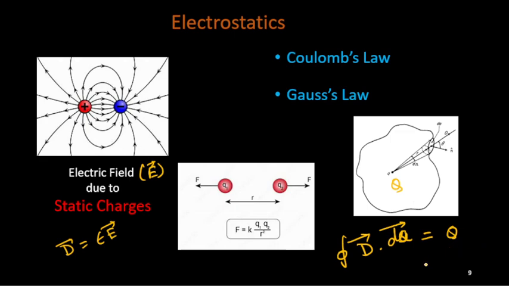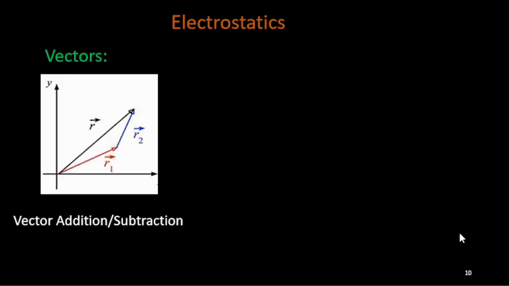There are lots of applications of Gauss's law, not only for discrete charges, but also for distributed charges. That will be discussed in my future videos. But one thing is that to understand electrostatics or magnetostatics, we need to understand vectors. So vectors are the most important concept, and here we will discuss vectors in a detailed way.